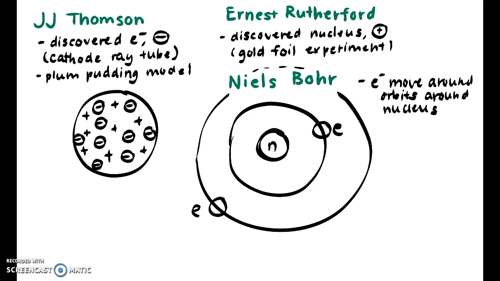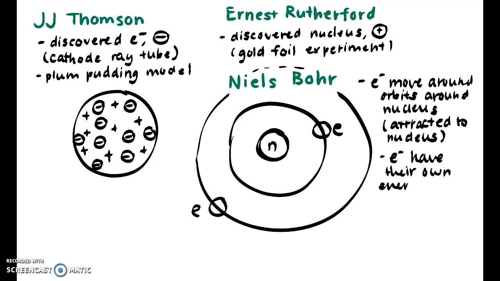And they are attracted to the nucleus because of their different charges. Attracted to the nucleus, since the nucleus is positively charged and the electron is negatively charged. And electrons also have their own energy. Thus, they won't fall into the nucleus. No falling into the nucleus.